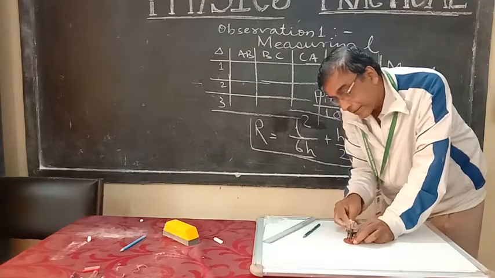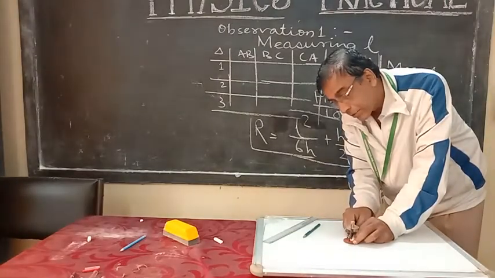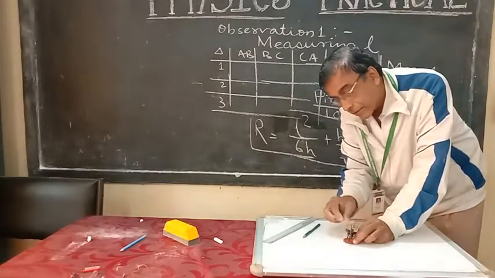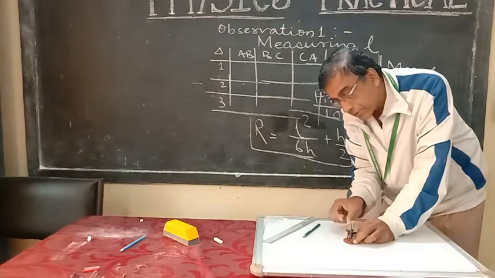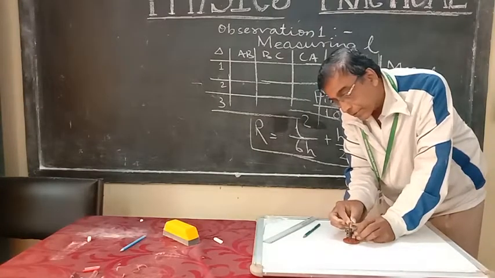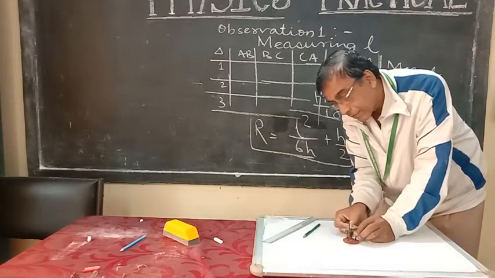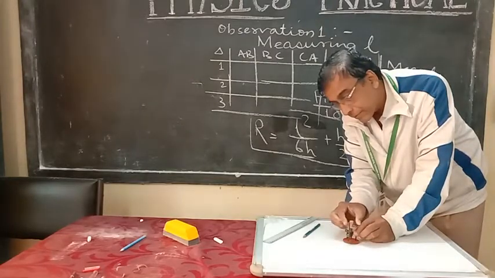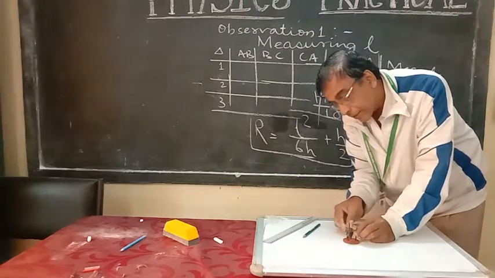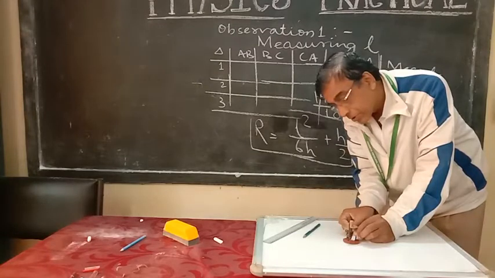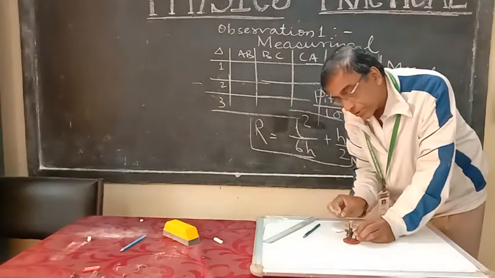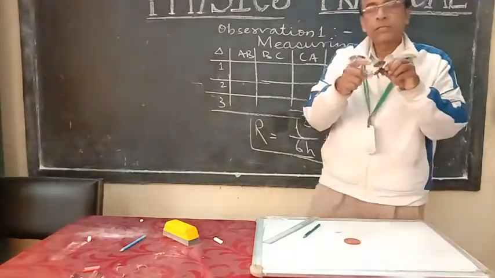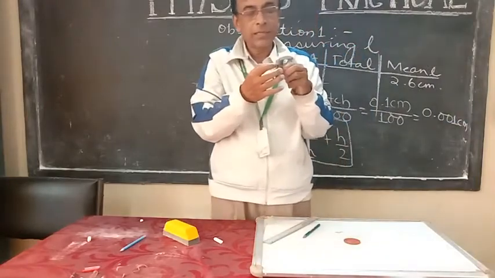The central screw is just touching. Now it is just touching, I think. No, we have to loosen it. Then again put the paper and see that it is opposed. It means it is just touching. And now it is your initial reading.